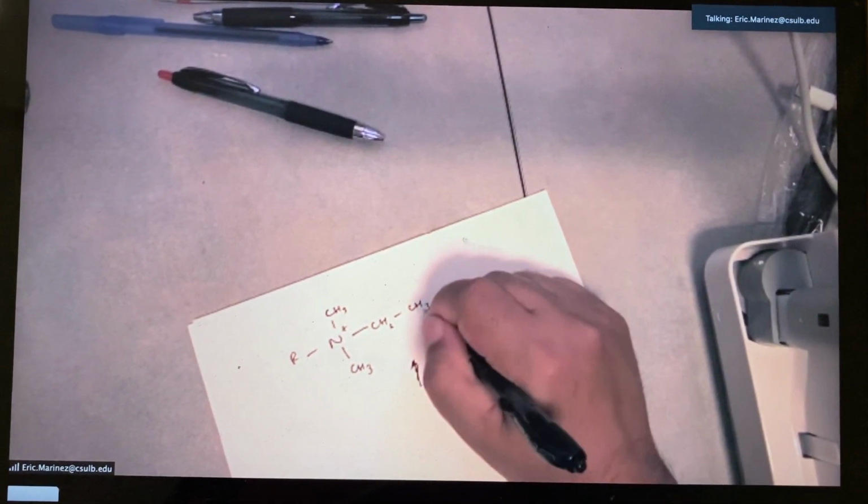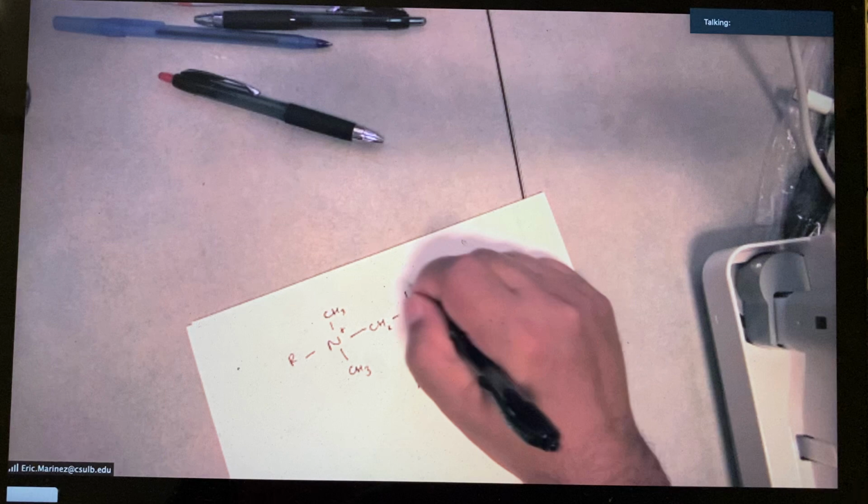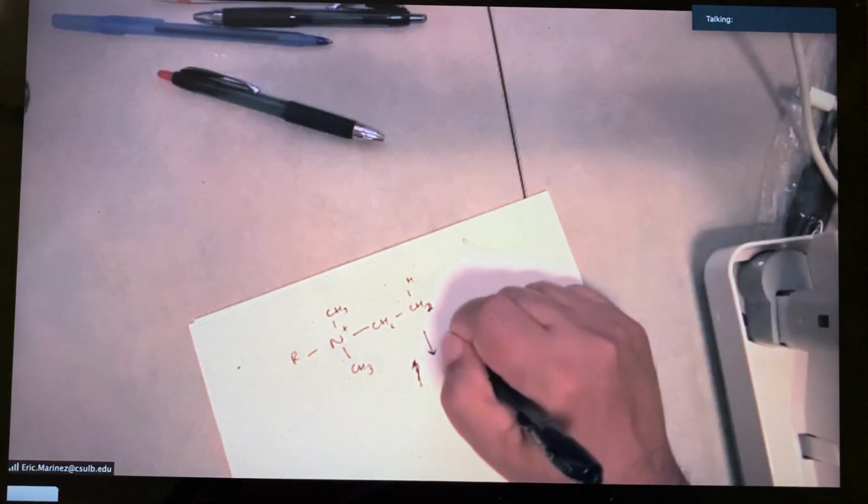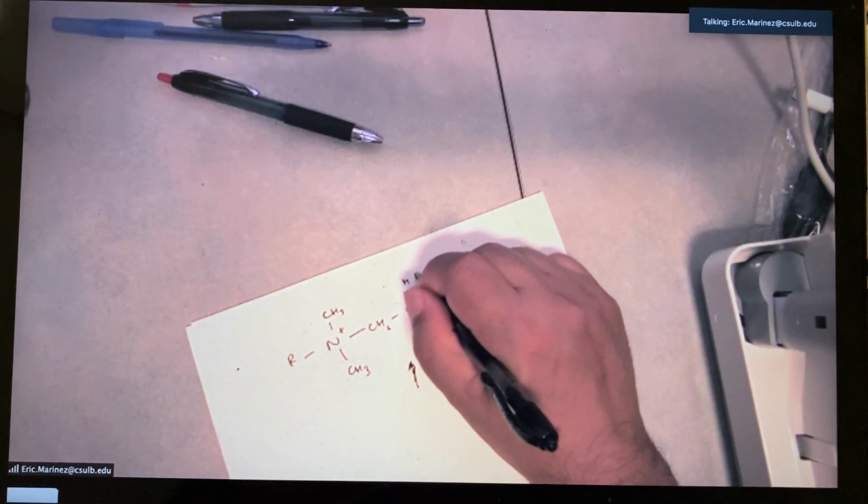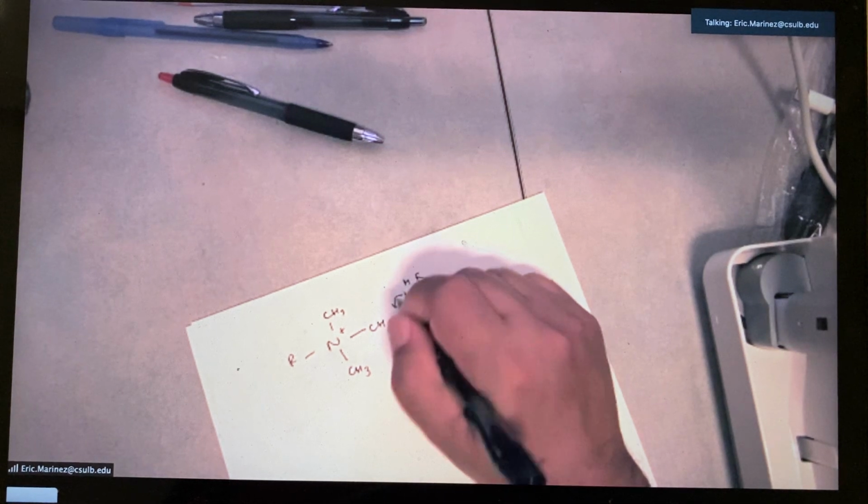Base can come in and abstract this proton here in an E2 elimination.